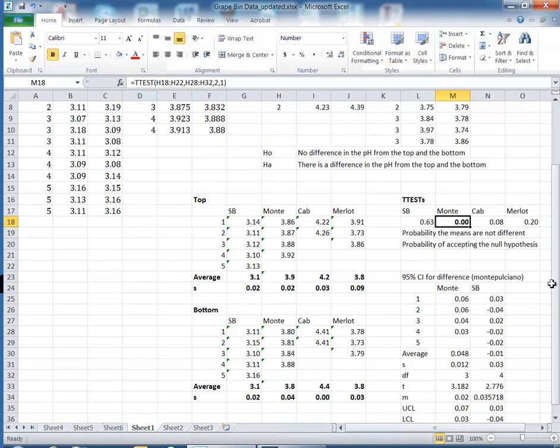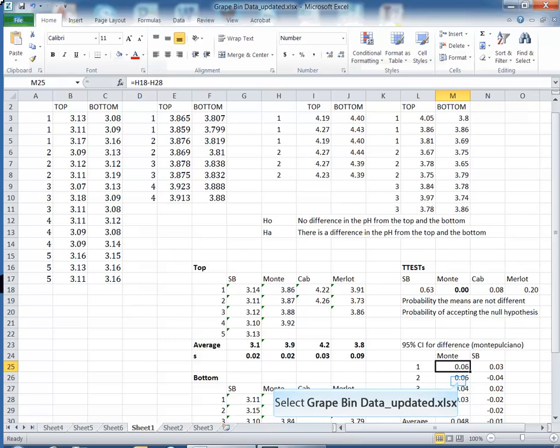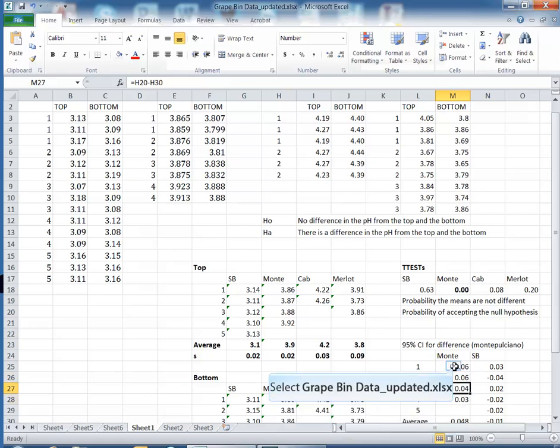Another way we could do it is by doing confidence intervals for the difference. So what is the true mean difference between each top and bottom measurement? We do this as per topic 7, where we find the difference between the top and the bottom for each paired measurement.